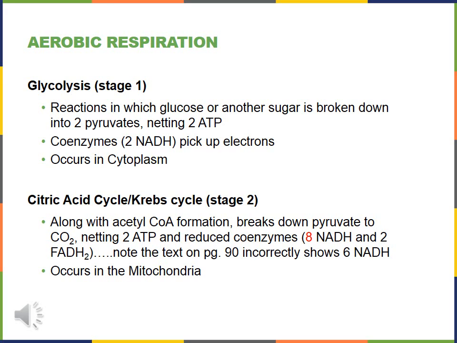You're going to be gaining 2 forms of energy in the form of ATP, and then you're going to have these coenzymes as well. And again, that occurs in the mitochondria. So these are the most important facts about aerobic respiration that I can share with you.